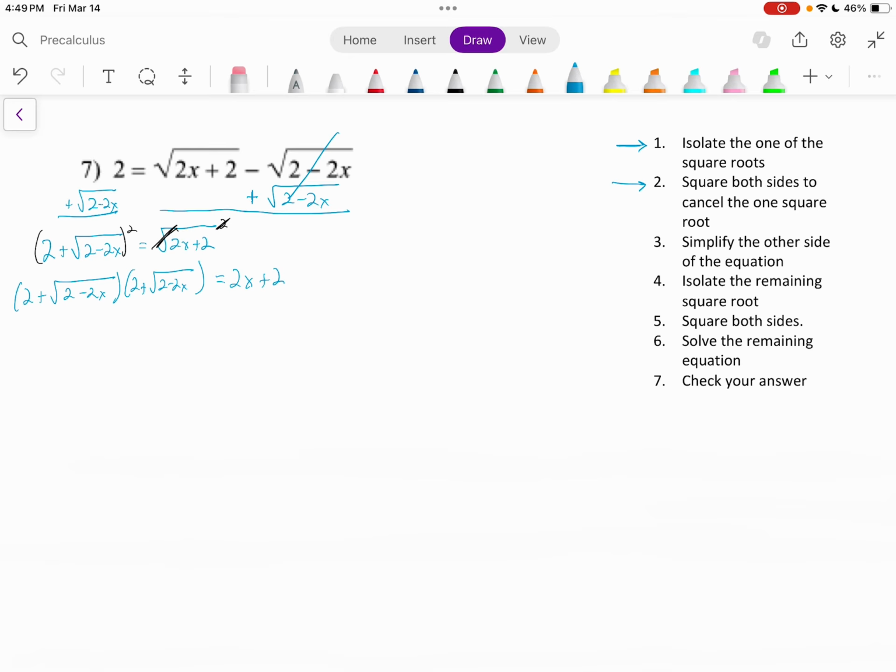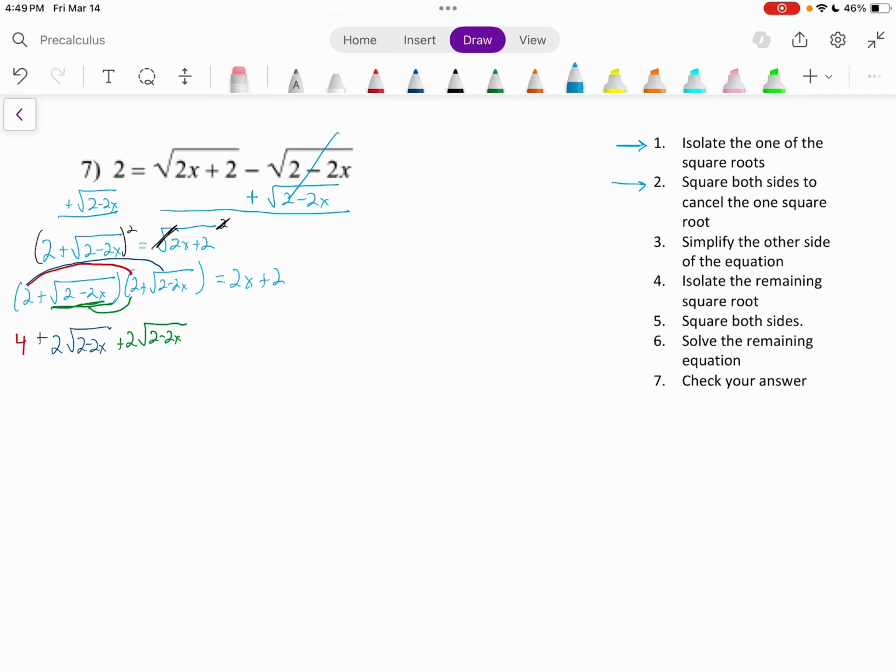So we now need to multiply this out. So we'll do 2 times 2 is 4. And then we have plus 2 times the square root of 2 minus 2x. And then now we have to multiply this part by both parts. So 2 times the square root of 2 minus 2x.